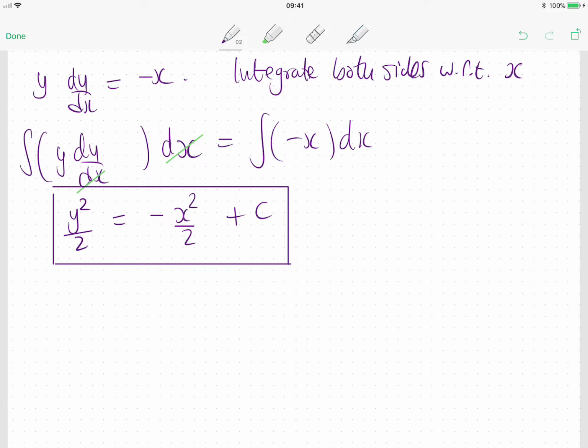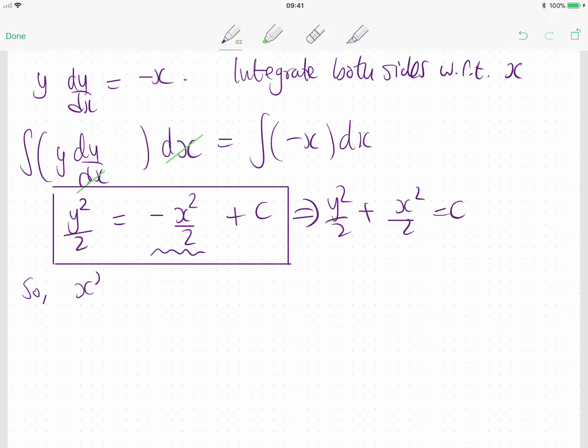So if we study this one, I don't think it's going to look too good if we get y on its own. It might involve some square roots. So I'm just going to simplify a little. I think I'm going to bring this term over to the other side, so there's a plus. And I think I'm going to times through by 2 just to get rid of those halves.